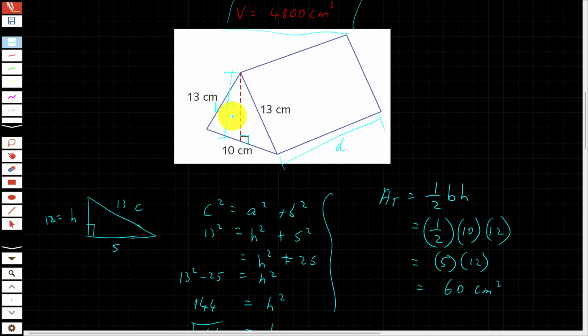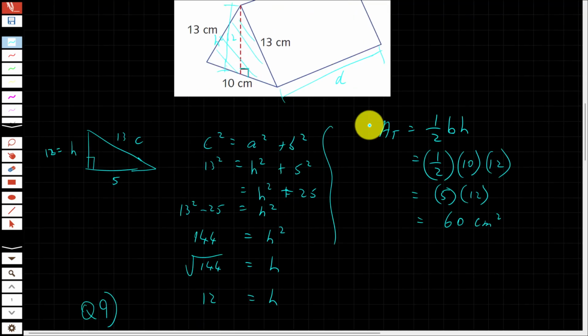So the area of this triangle on the end here is 60 centimeters squared. To get the volume, this 4,800 centimeters cubed, they must have multiplied 60 by the depth.